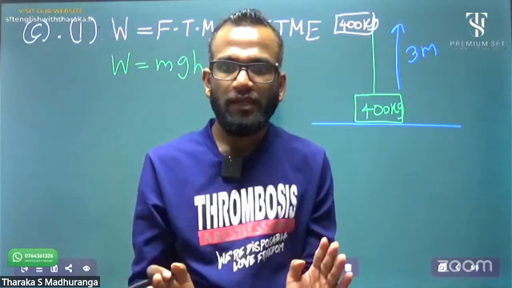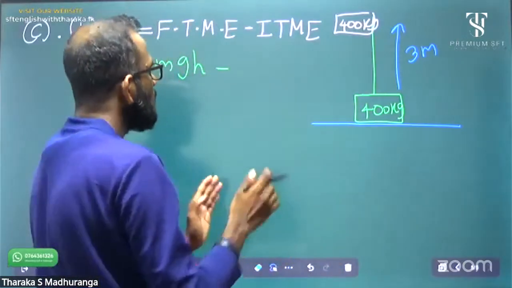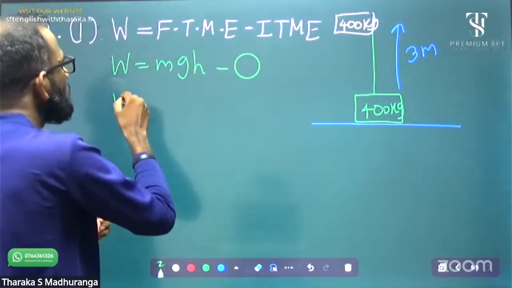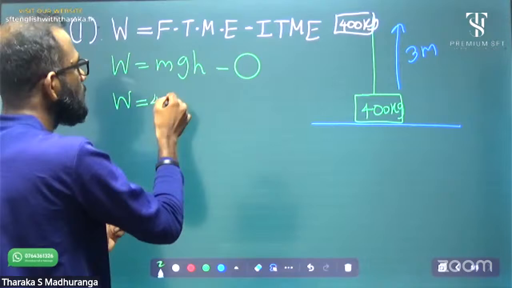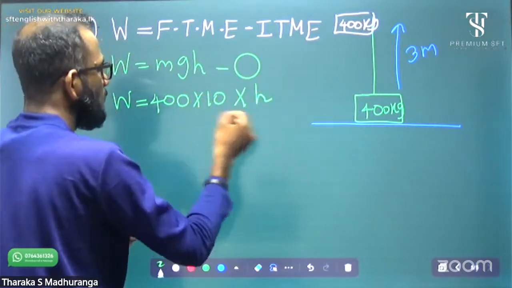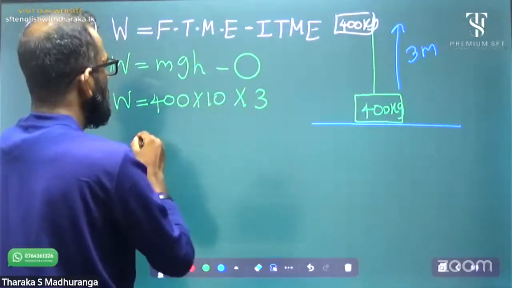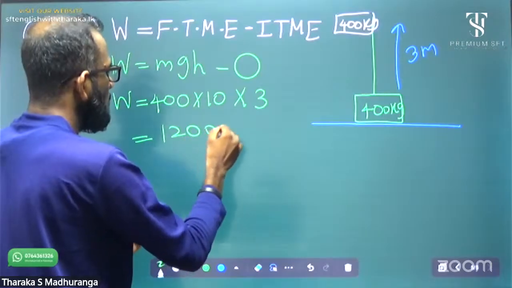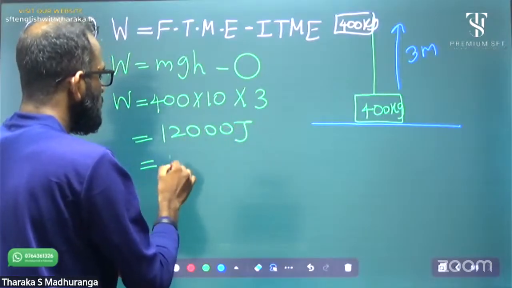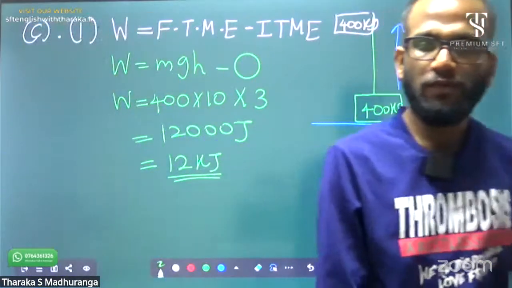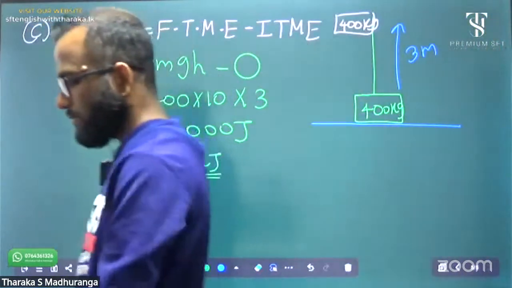Therefore, the total mechanical energy is 0. Then W equals mass 400, gravitational acceleration 10, the perpendicular height 3 meters. Then it is 12,000 joules, that means 12 kilojoule.